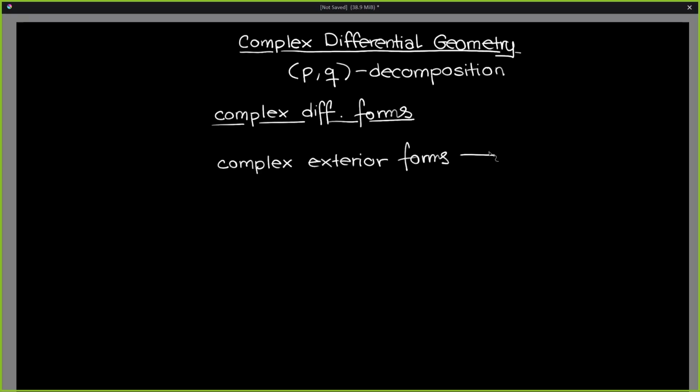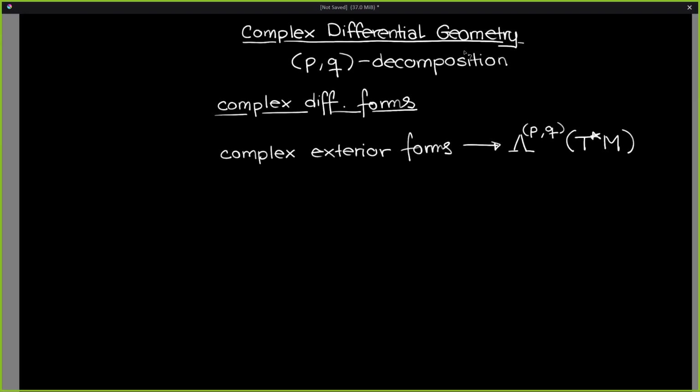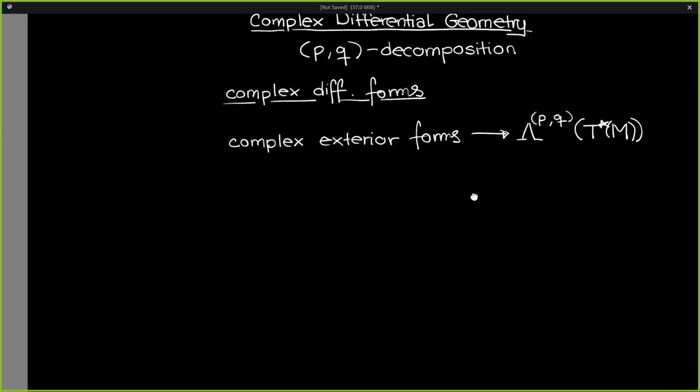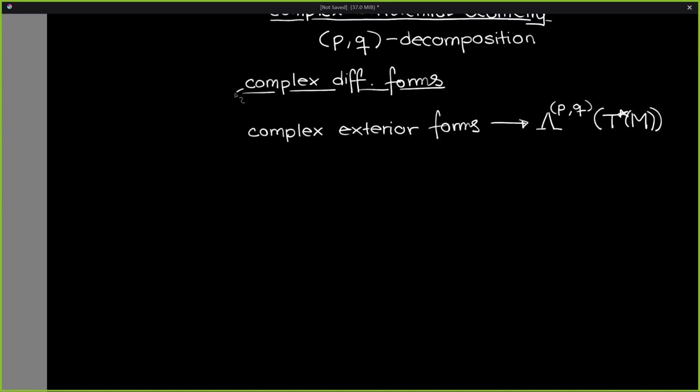So we had this space lambda pq of T star M. That was the space of complex exterior forms. I forgot to mention that when we go to complex differential forms, this is going to become omega pq of T star M.